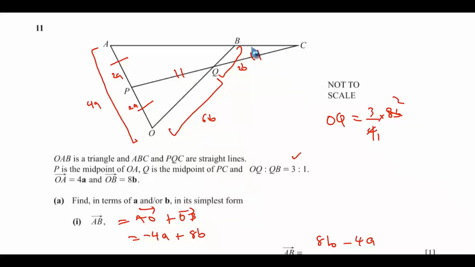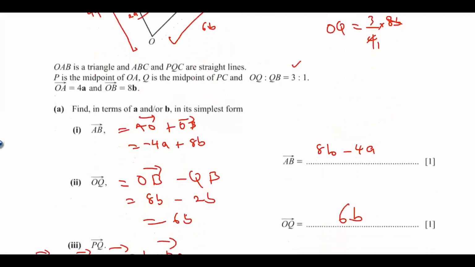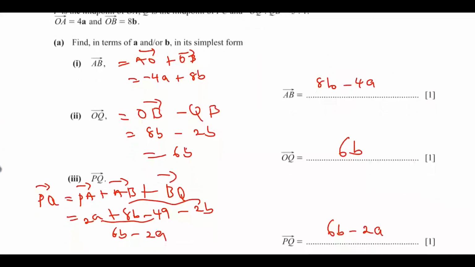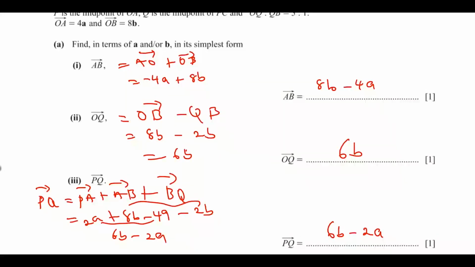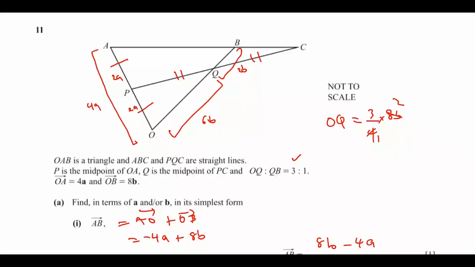We know that BQ will be minus 2B. QC will be equal to PQ, as indicated here, and we found the value of PQ to be 6B minus 2A. So automatically, QC is also 6B minus 2A.